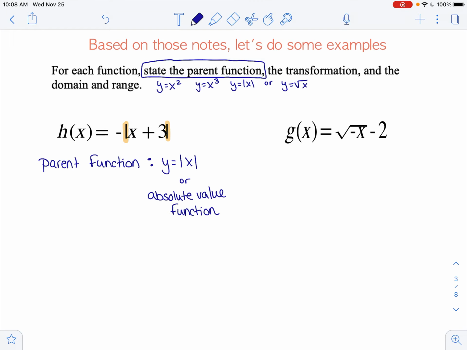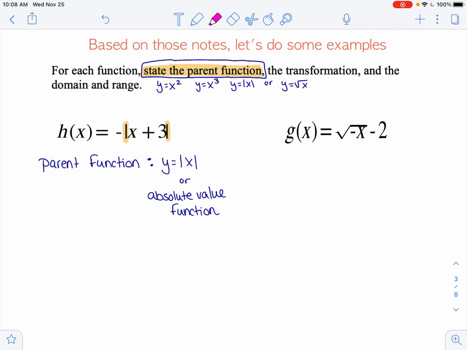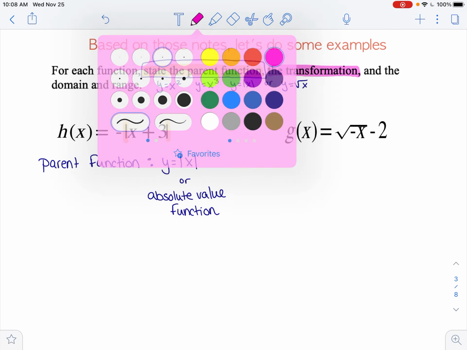So that's step one. Then it asks me to identify the transformations, and there might be more than one. So I want to look for those vertical shifts, those horizontal shifts, or those reflections, right? Those are my options for the transformations. That's what we've learned, so that's what we're looking for.